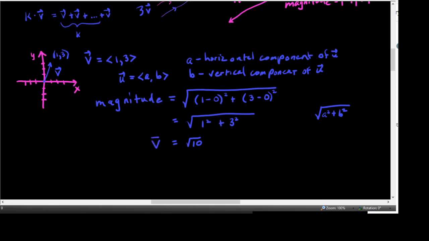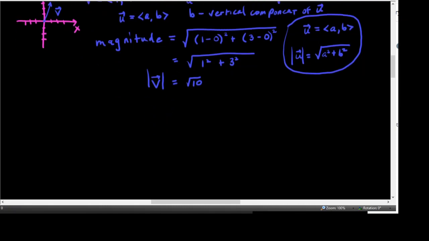So this is the magnitude of vector v. And so in general, if you have a vector u that has component form A, B, then the magnitude of vector u is the square root of a squared plus b squared. So that's a formula you're going to want to make sure that you've committed to memory. That's something you need to know.